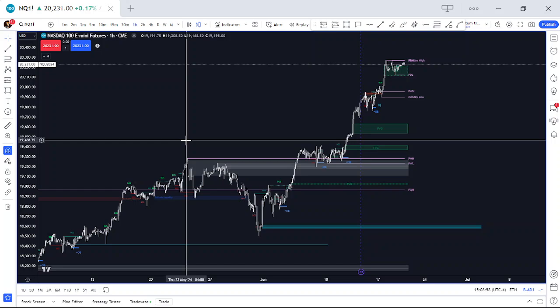So definitely watch Casper's full course, and get really good at identifying these objects and what they are and how we use them in our trading.